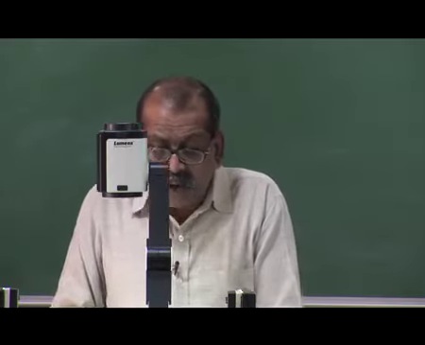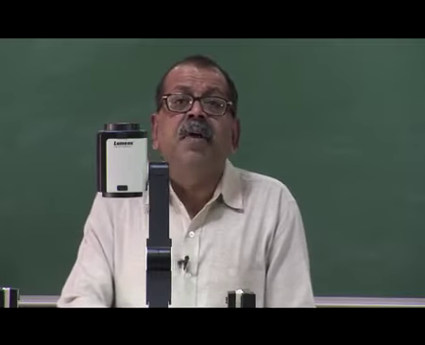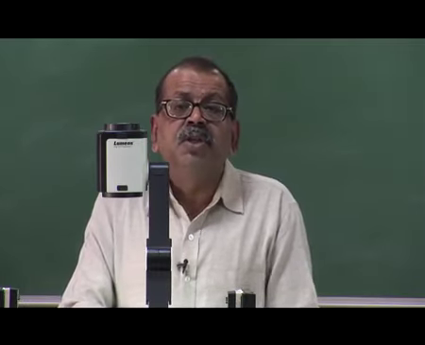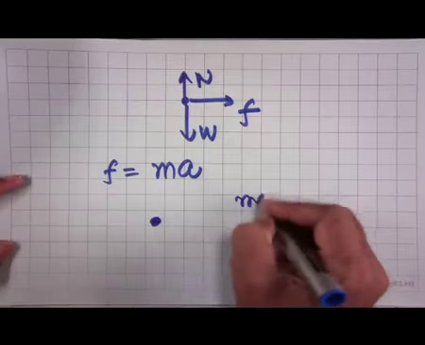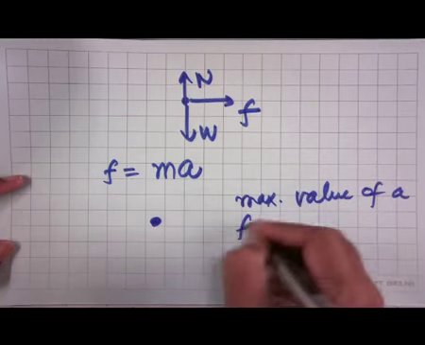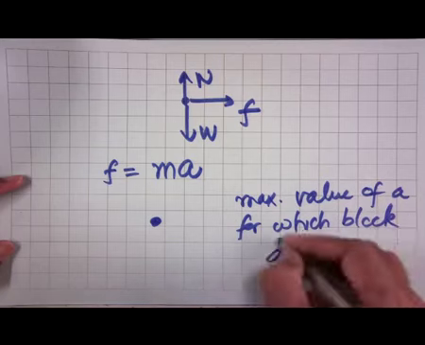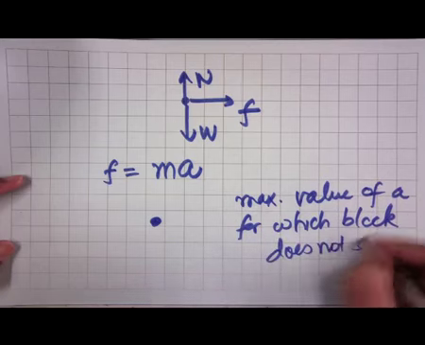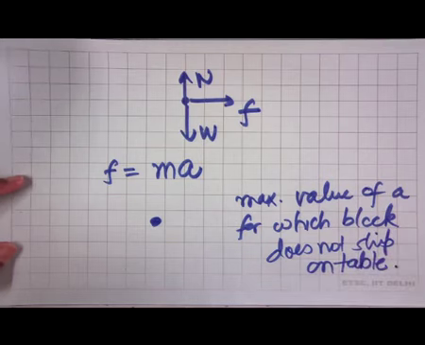So, now if you have to find the maximum value of acceleration A for which the block does not slip on the table.